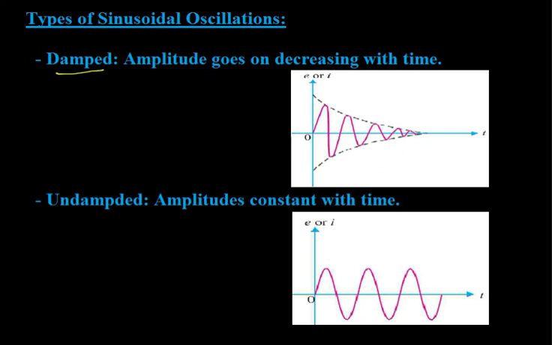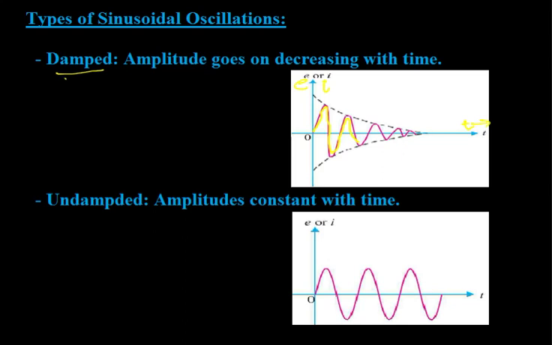In this signal, the y-axis contains the EMF or the current. The EMF is represented by E, or the current is represented by I, and the x-axis is the time. If we consider this output waveform, the amplitude is decreasing as time goes and finally it dies off. This type of oscillation is called damped oscillation.